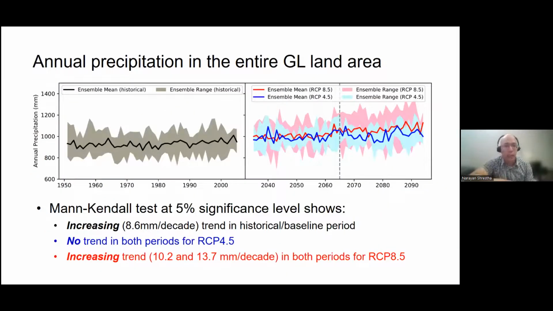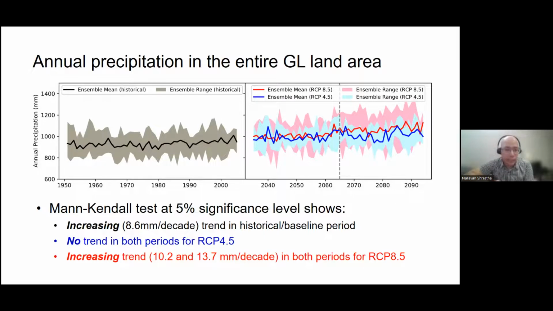Next slide. So here you can see plots of annual precipitation in the baseline period in the left panel, and in the future period in the right-hand panel, for both RCP 8.5, red lines and red shades, and for RCP 4.5, blue lines and blue shades.